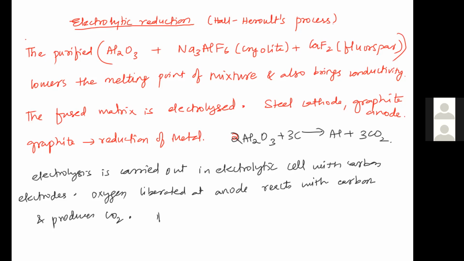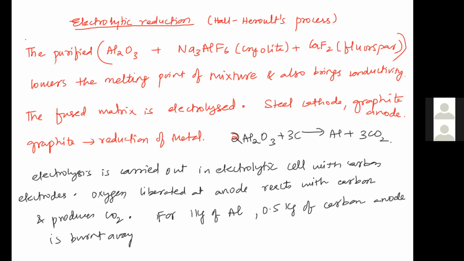So actually, per 1 kg of aluminium, 0.5 kg of carbon anode is burnt off. So you have to replace it again and again. So what happens at cathode? Al3+ gains 3 electrons and becomes Al in the liquid form.